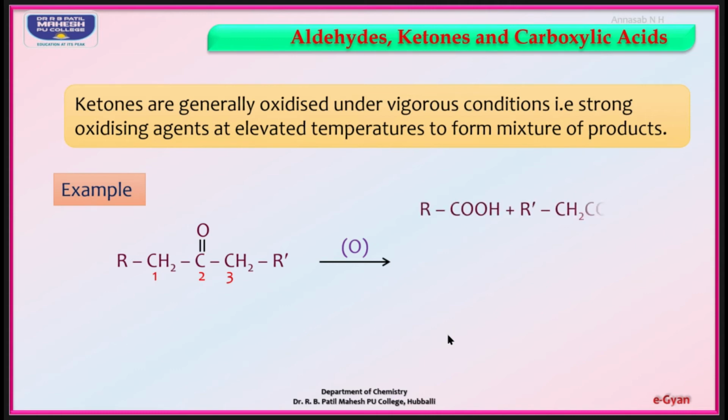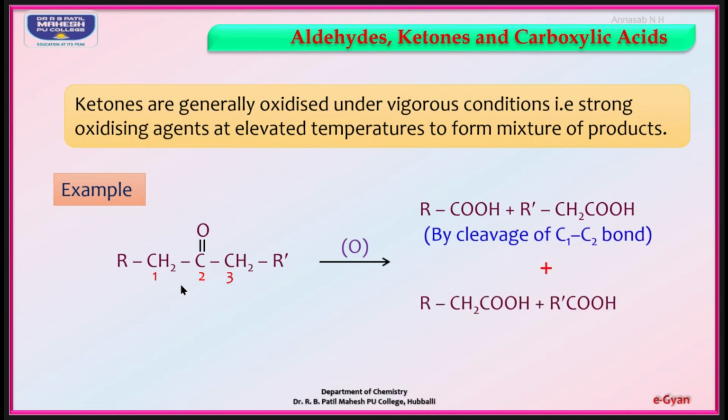The first combination of the products is RCOOH and R'-CH2COOH, which is formed by the cleavage of the bond between carbon number 1 and 2. Whereas another possible product is RCH2COOH and R'-COOH, which is formed by the cleavage of the bond between carbon number 2 and 3. Hence, oxidation of ketones always gives a mixture of products.